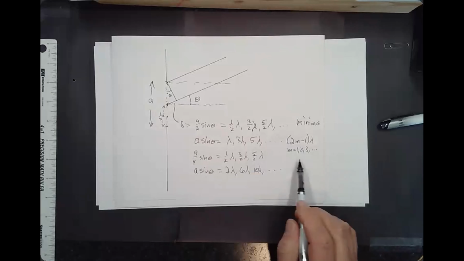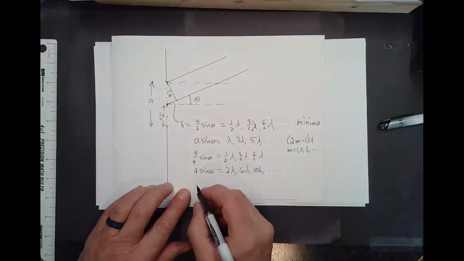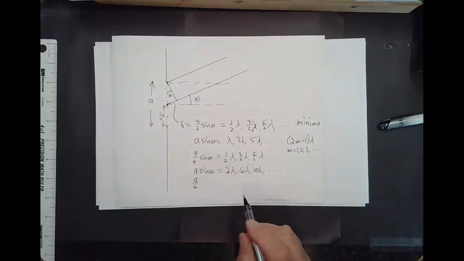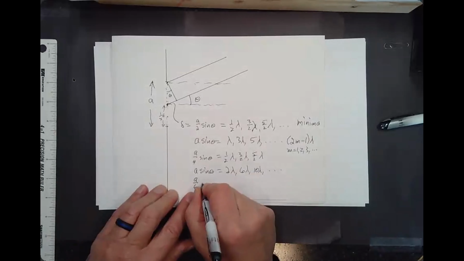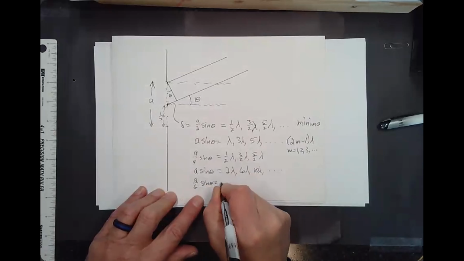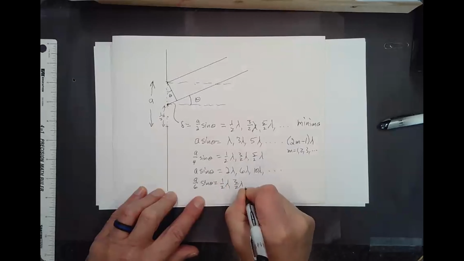And so I filled in some of the even ones, and then you could imagine splitting it into sixths. So what if we split it into sixths? As long as you're splitting it into even numbers of things, it'll always work. You can get this destructive interference equals 1/2 lambda, 3/2 lambda.